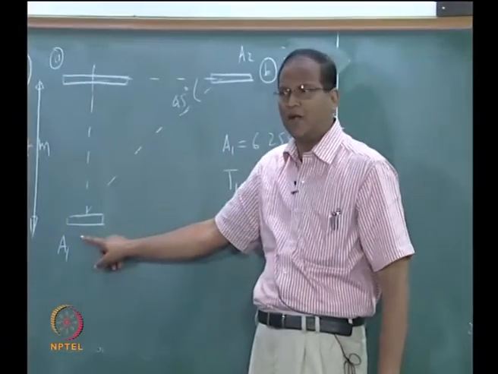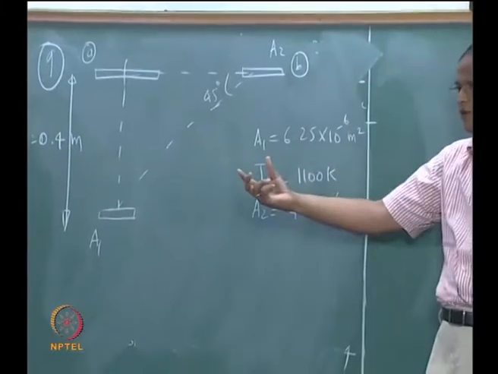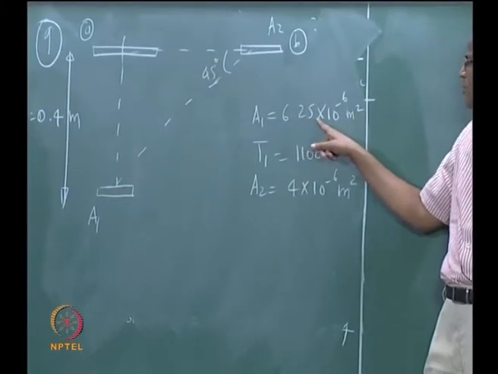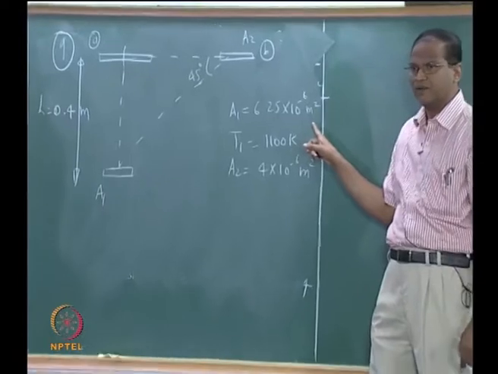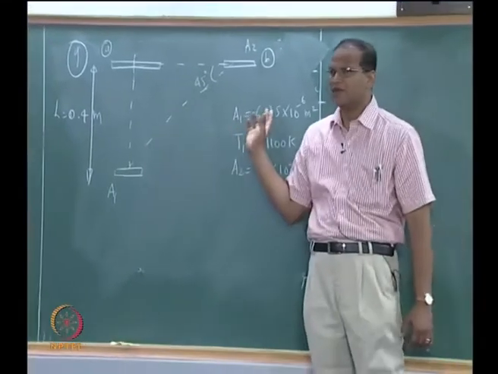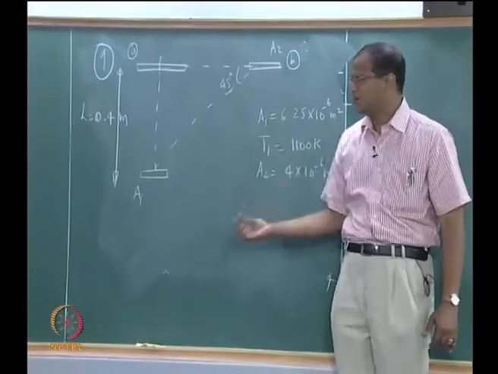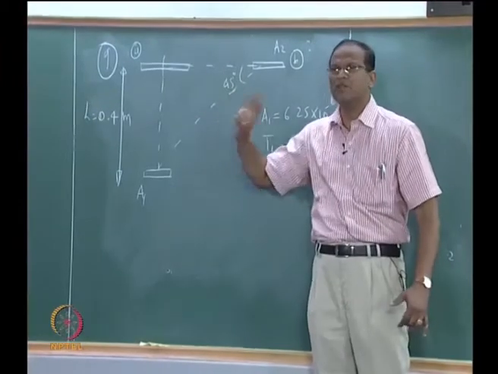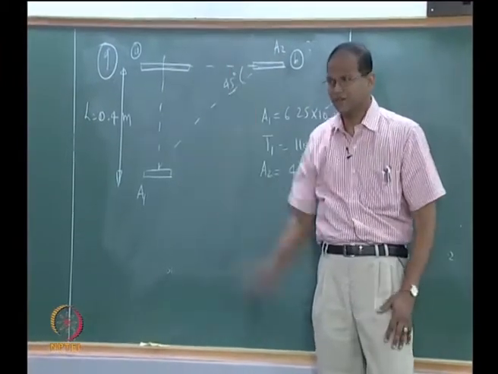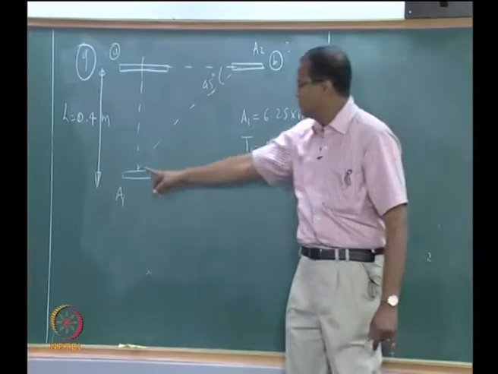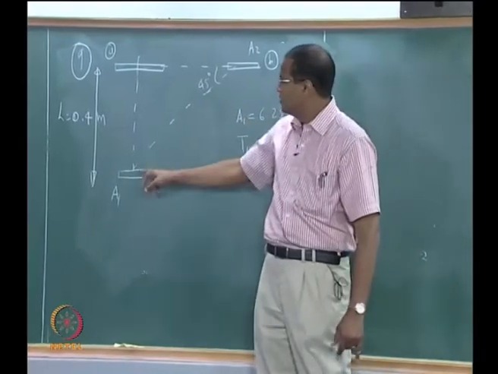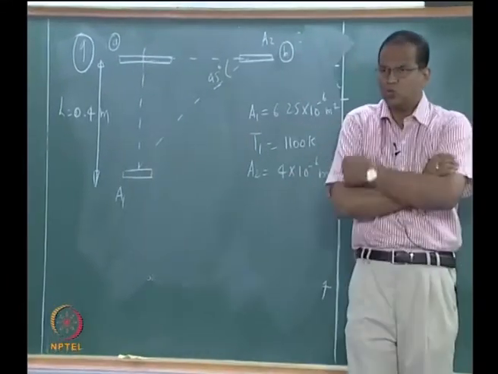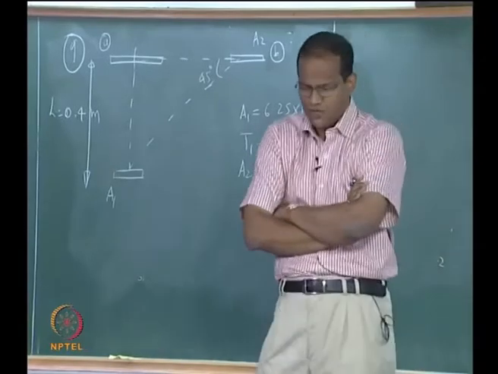There is an emitter A1, okay, it's a small emitter, area 6.25 times 10 to the power of minus 6 meter square. It may be a circular disc, you can use pi d square by 4 to find out. Everywhere there is vacuum, so that you do not worry about convection and conduction. So this is intercepted by another area A2. A2 is the fellow who is receiving the radiation.